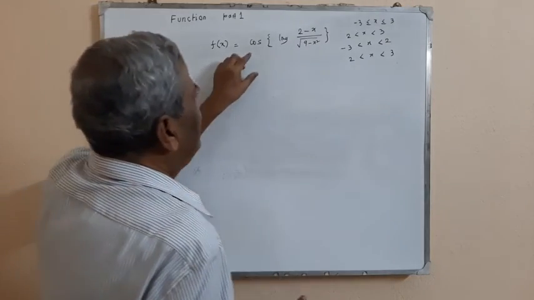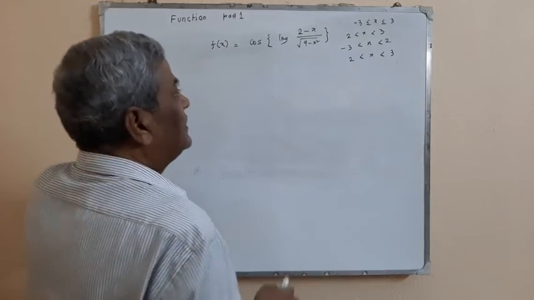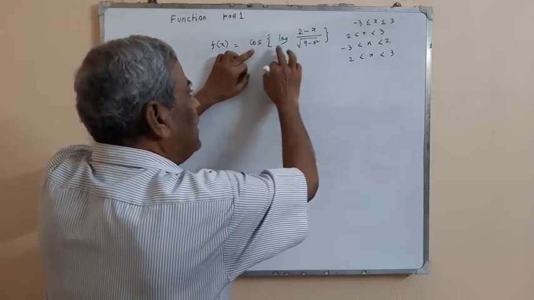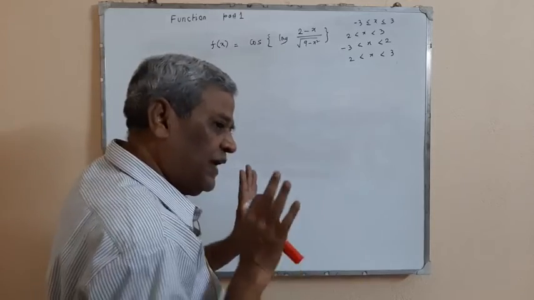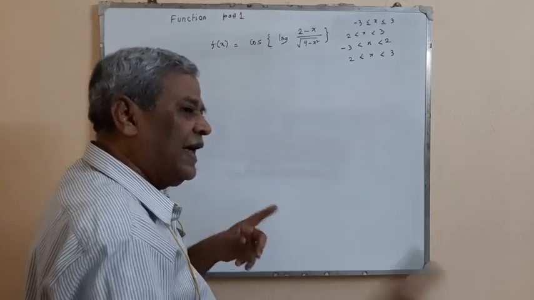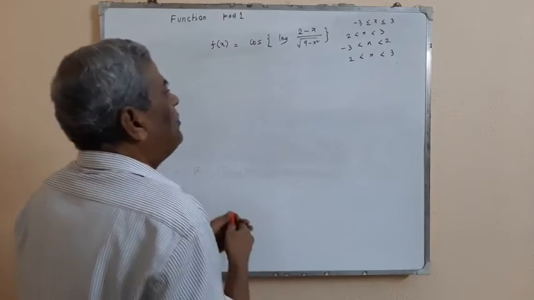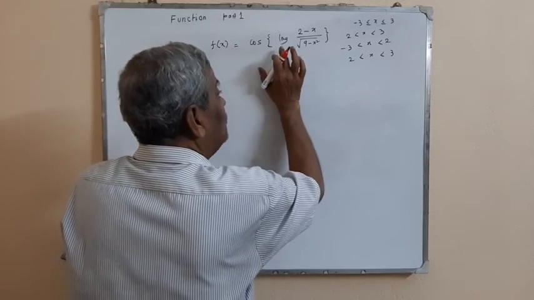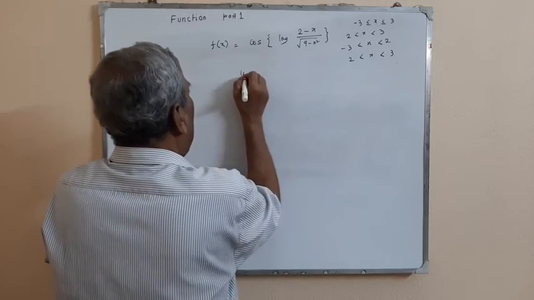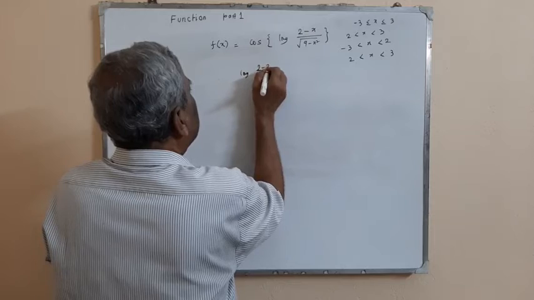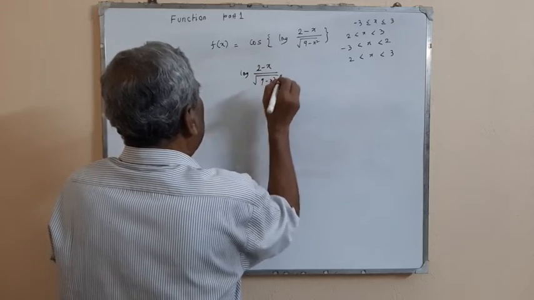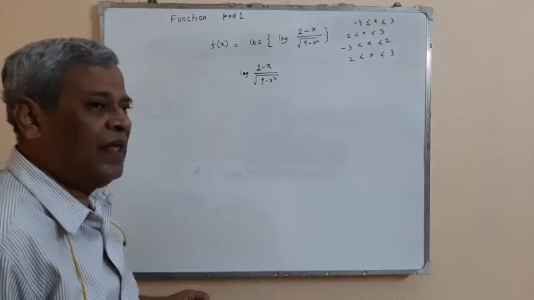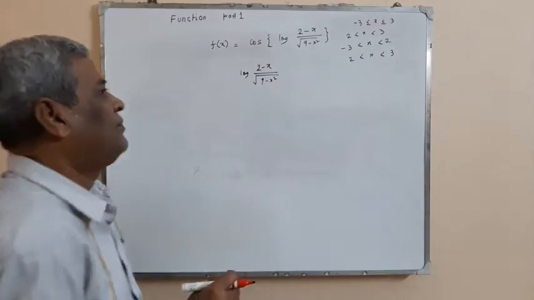Now basically this is a cos function, and cos of any angle is defined, finite and real. So we have to find the values of x for which log of (2 minus x) by root over of (9 minus x square) is real and finite.